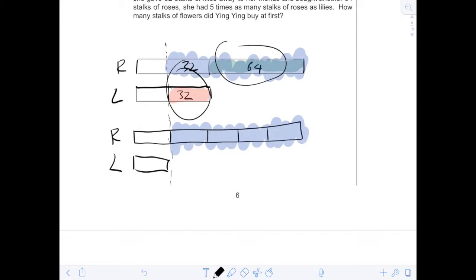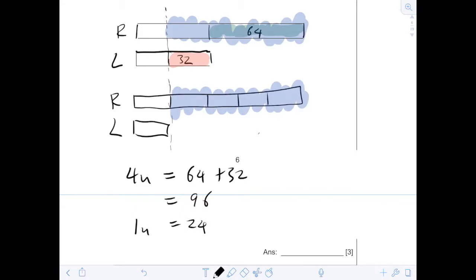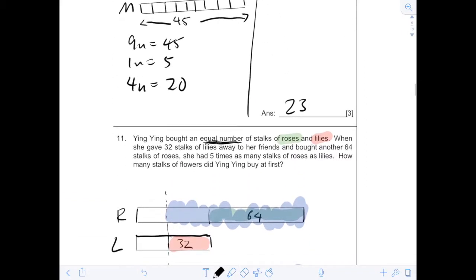You get it? Because this 32, you can shift it up and it will look the same here. So we can conclude that since we are comparing the models now, 4 units is equal to 64 plus 32, which will be equal to 96. And from here, you get 1 unit will be equal to 24. Okay, and what does the question want you to find?